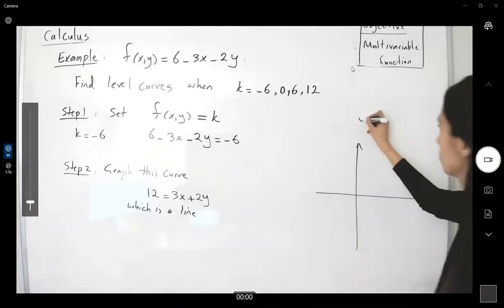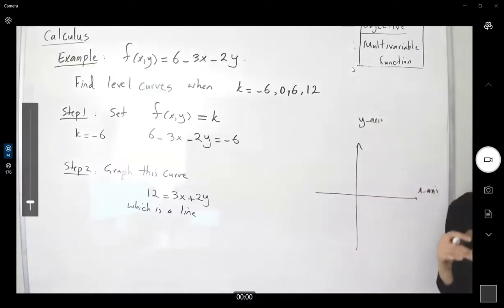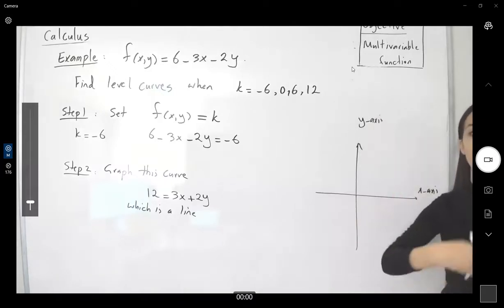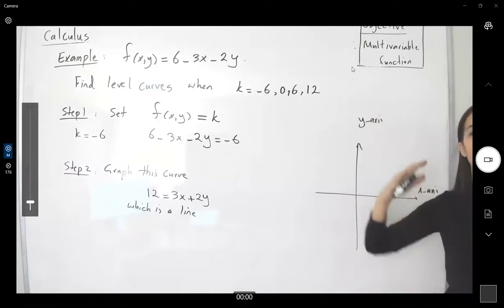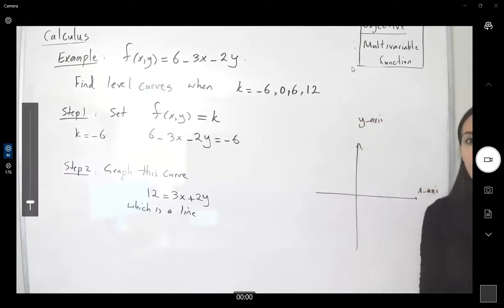X-axis, y-axis. So what are we doing? We're looking at these curves in the xy plane. Remember that we are getting rid of our z values. We're assuming that our z values are some fixed numbers. We're looking at the projection of our surface in the xy plane, and we try to analyze and interpret the results.